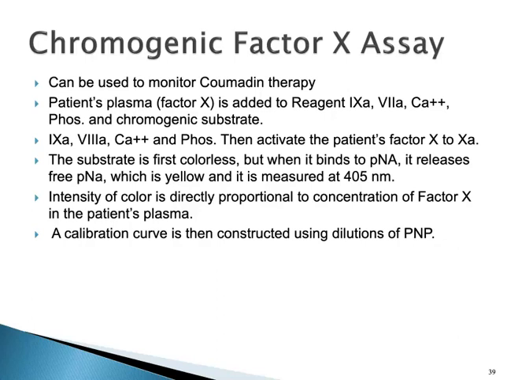A calibration curve is then constructed using dilutions of PNP. So for monitoring warfarin anticoagulant therapy, especially for patients that have a lupus anticoagulant, which can interfere with the baseline PT and INR, we can use the factor 10 chromogenic activity assay.